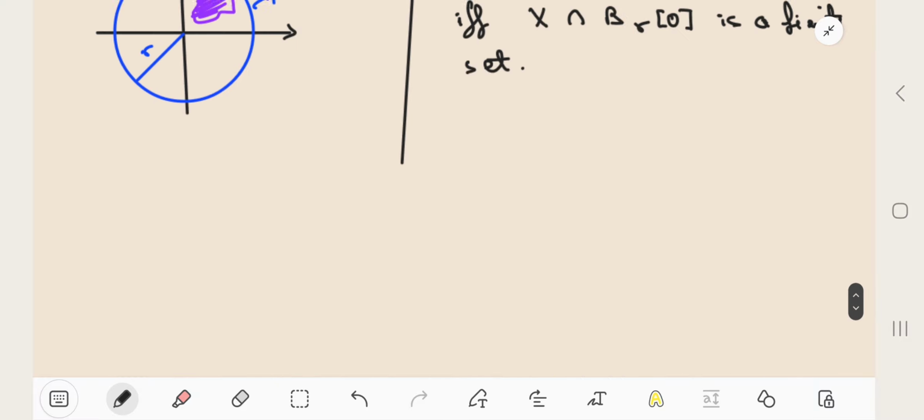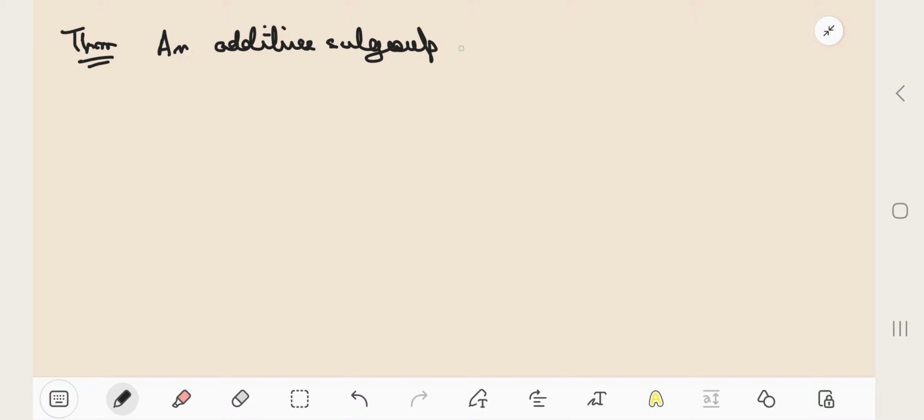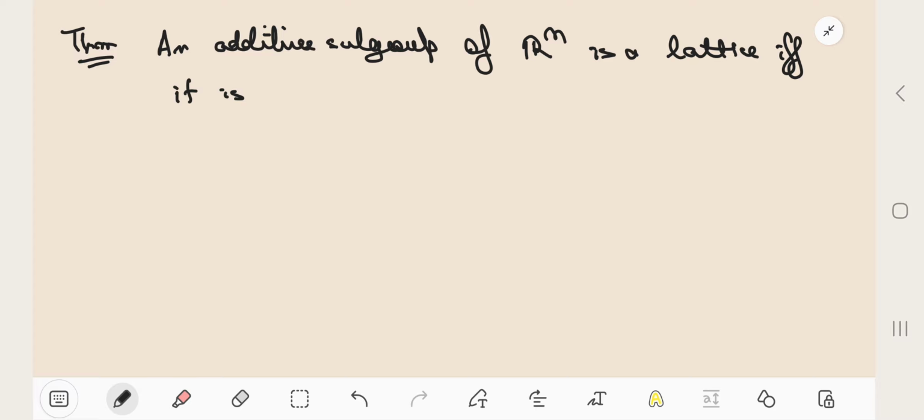So this brings us to the next immediate theorem, which is the most important theorem of this lecture: an additive subgroup of Rn is a lattice if and only if, so it is a two-sided implication, it is discrete.